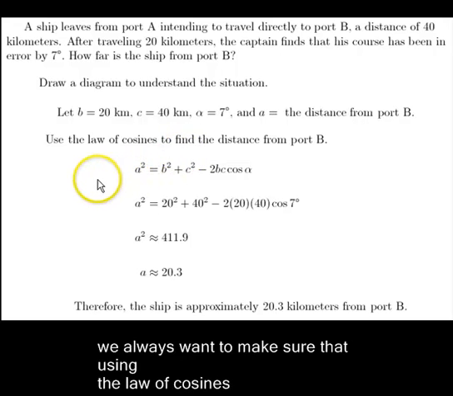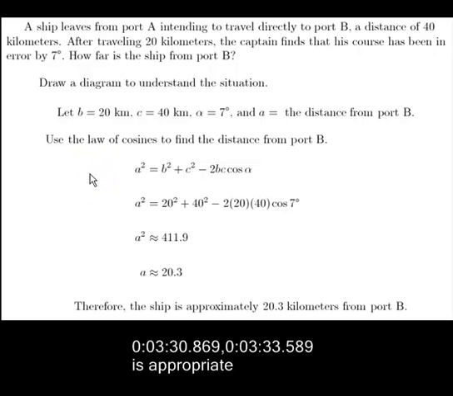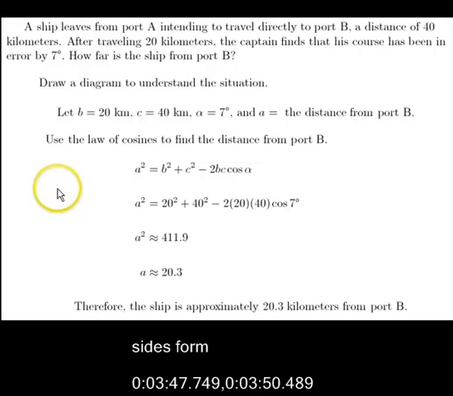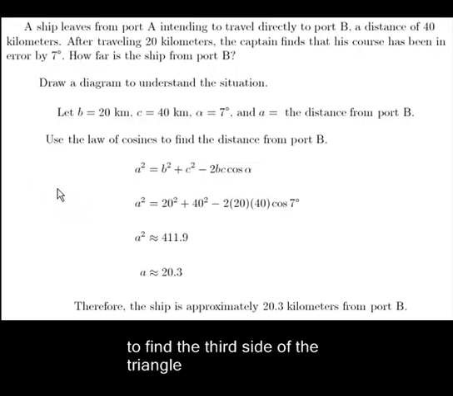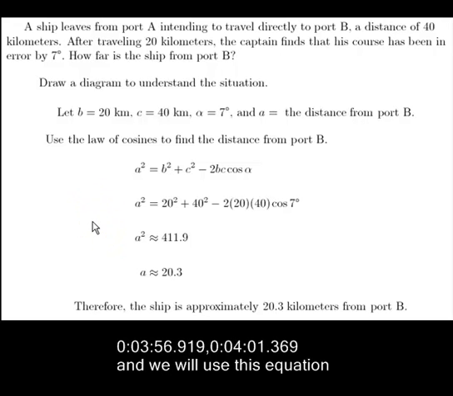We always want to make sure that using the law of cosines is appropriate. So recall we have this side 20 kilometers and this side 40 kilometers, and we have the angle that these two sides form, so we can use the law of cosines to find the third side of the triangle.